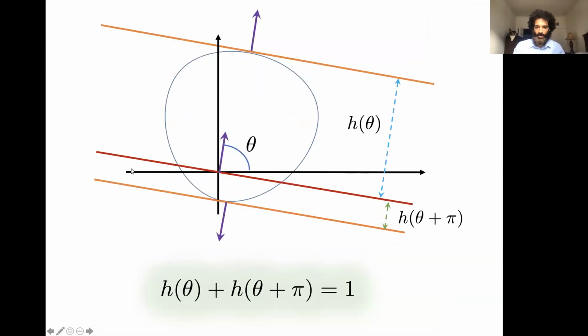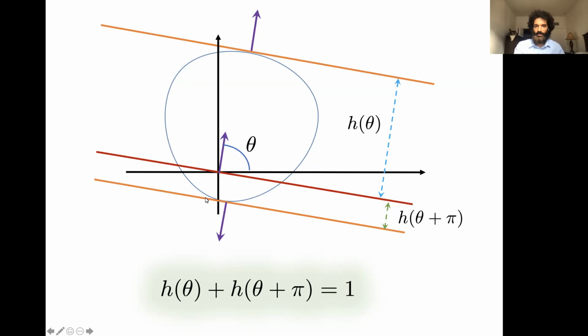And the first is simply the constant width condition, which is summarized in this equation: h of theta plus pi is equal to 1 for all theta. And that's easily seen from the diagram because, well, I told you what h of theta was.